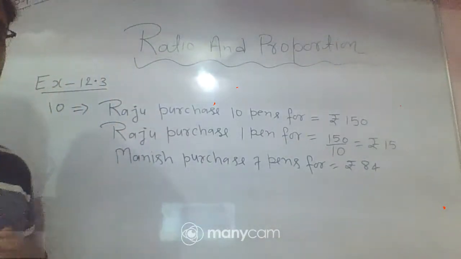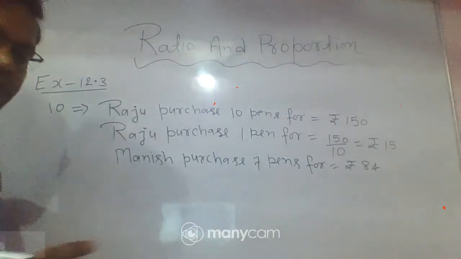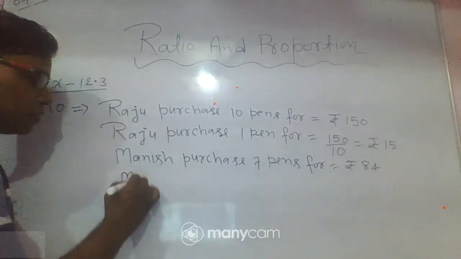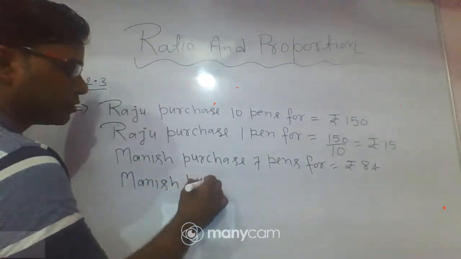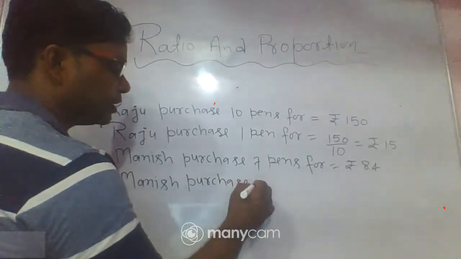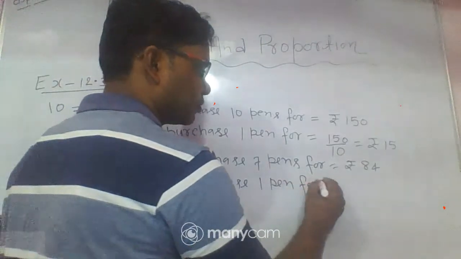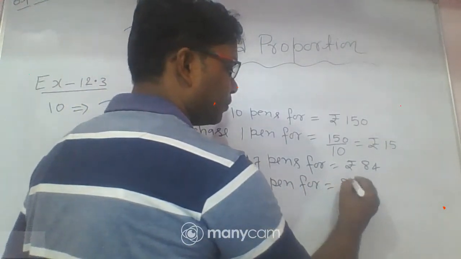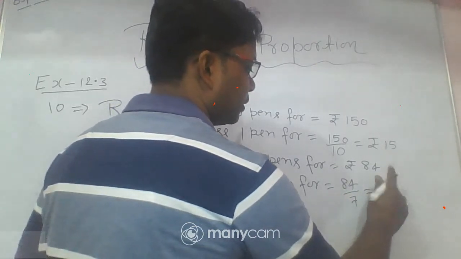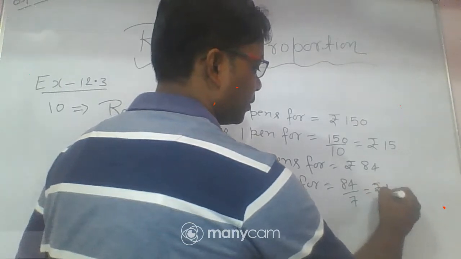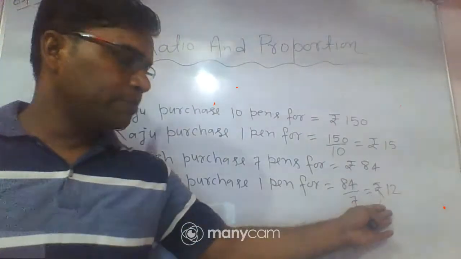So we will find the cost of one pen purchased. So here we write, Manish purchased one pen for, is equal to 84 by 7. So we know that it becomes 12.